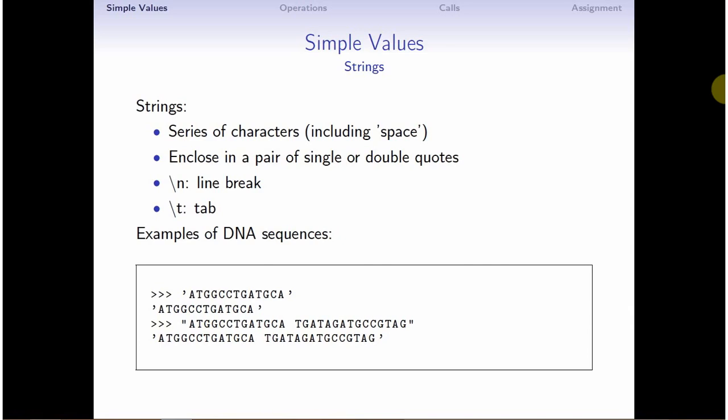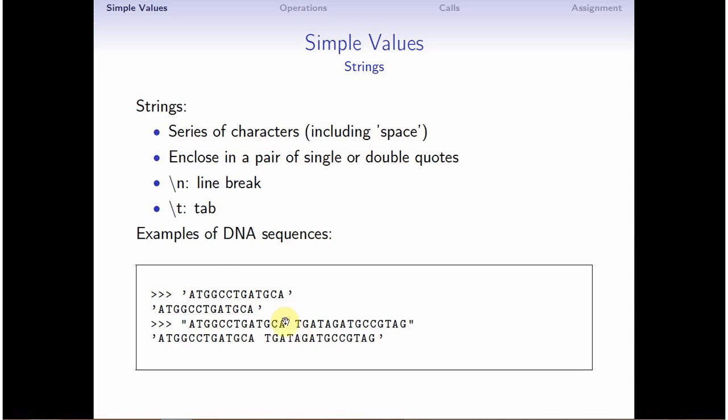Strings are a series of characters including spaces. It can be numbers, letters, anything on your keyboard that will show up. But you need to enclose them in a pair of single or double quotes: one inverted comma, then end off with another, or double quotes also work.